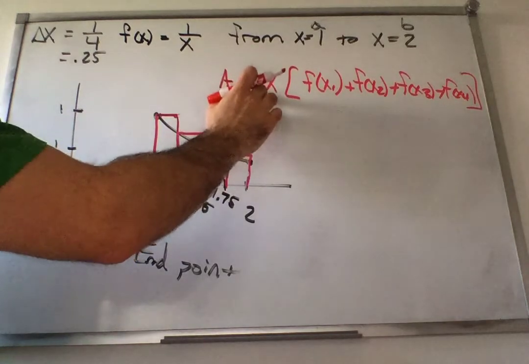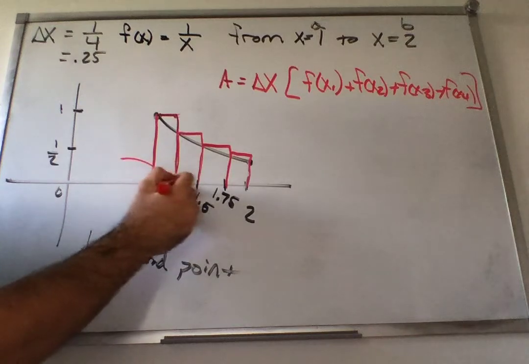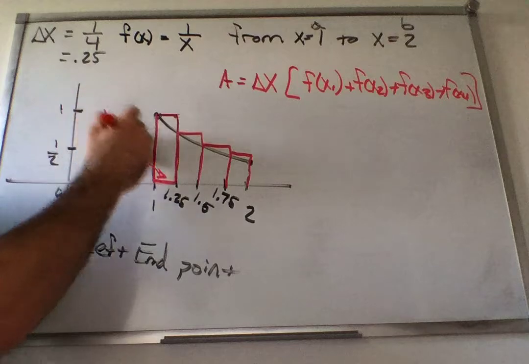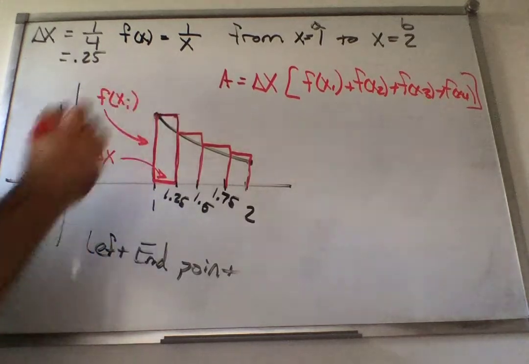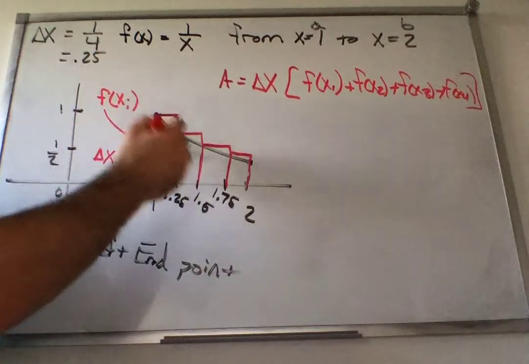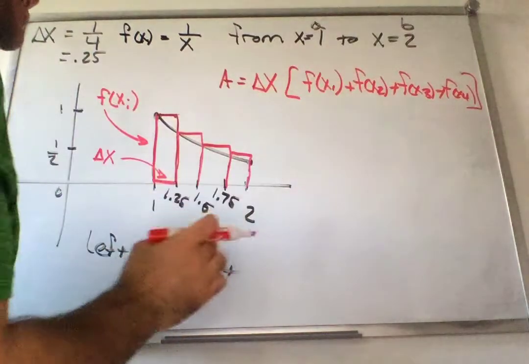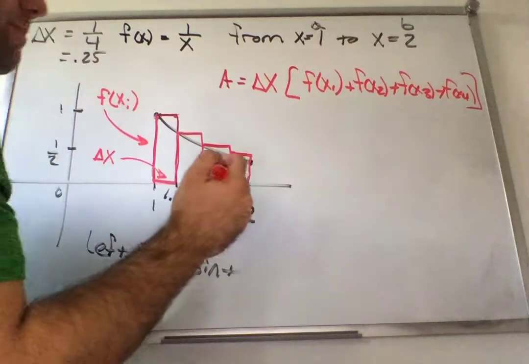This is the width of our rectangles down here. Each one of these widths is a delta x. And over here, these are the heights, the f of x i's: f of x1, f of x2, f of x3. All we're doing is computing the area of each rectangle and then adding them all up.